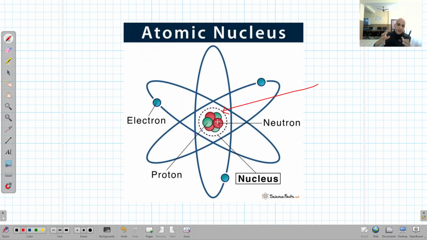So the nucleus is an arrangement, a collection of protons and neutrons, whereas the electrons are revolving around the nucleus. This is a new type of explanation of the atomic nucleus and atomic structure. The discovery of the neutron by James Chadwick completely changed the picture of the atom. Earlier, it was believed that the electron was present inside the nucleus, but now that idea is scrapped, and we have a new particle, the neutron.